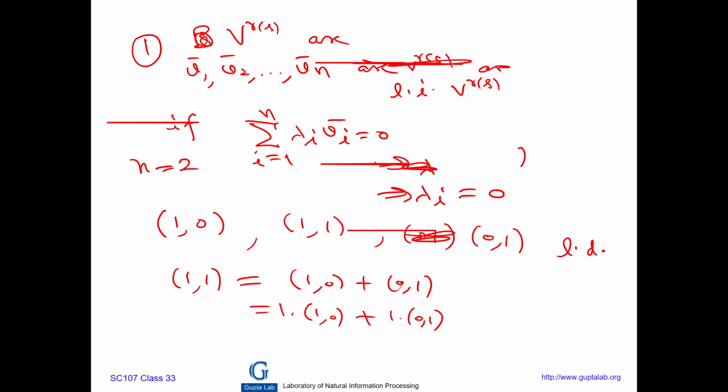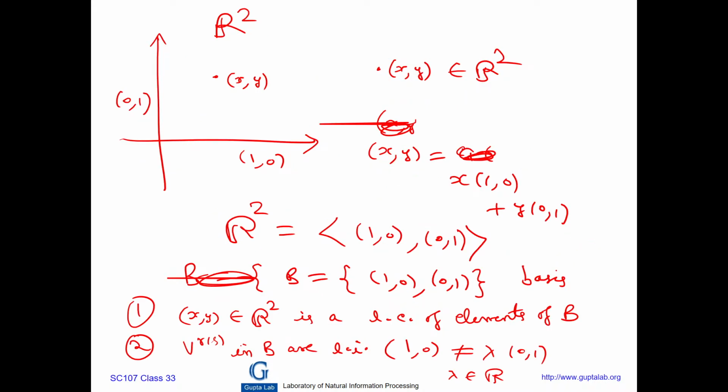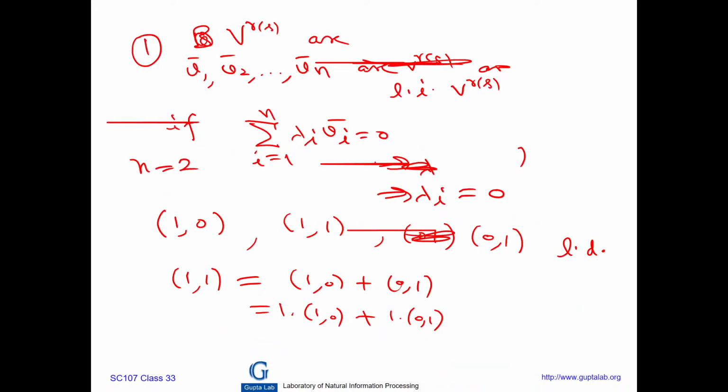Whereas these two vectors are linearly independent. These are known as basis elements of this vector space. Now in a similar manner, what about R cube? It is called a three-dimensional vector space.